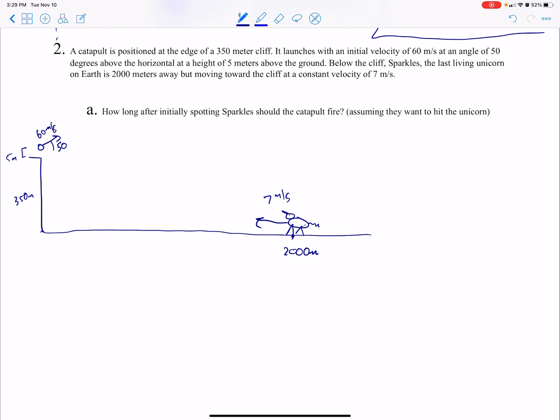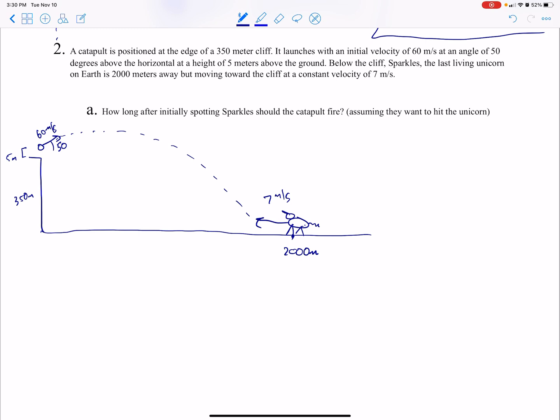Okay. So you have to imagine that the catapult is going to launch something like this, but the unicorn is not quite in the right spot to be hit yet.